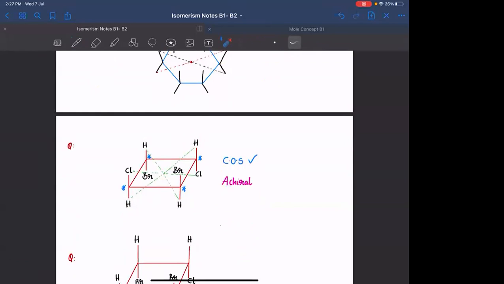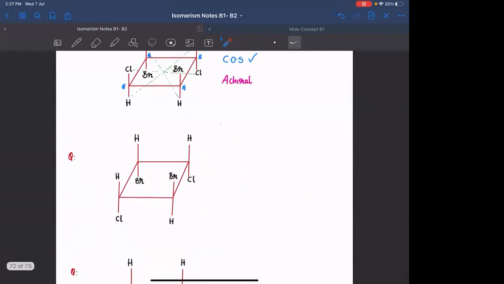If it is having center of symmetry, if you take its mirror image, by rotating it in space in different ways, I can make it superimposed on this. Okay, is that clear, everyone? So this compound is not chiral, this is achiral. Look at this compound. Tell me if it is chiral or achiral.